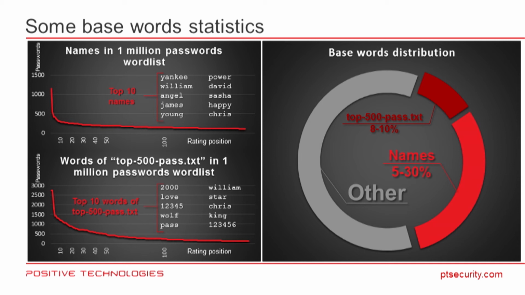What's curious here is that the popular names are less than passwords. On the right hand side you will see the next thing. Out of all of the passwords, we have some passwords from the top 500, and they contain this word, and 5 to 30% is a password which contains a name.